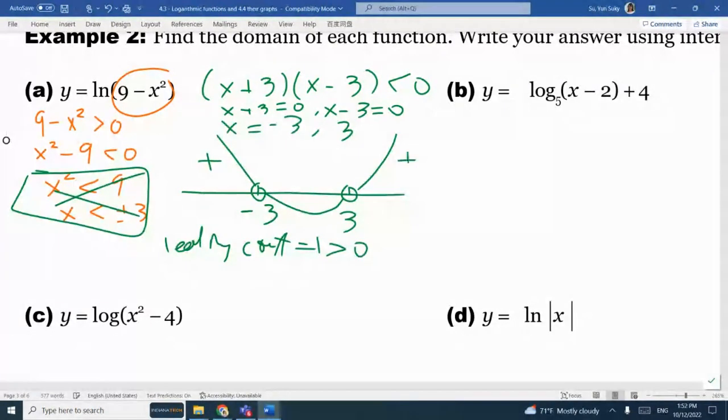So this is plus, this is plus, this is minus. And we are looking for positive or negative? Negative, right? Therefore, it's from -3 to 3, open. So that is the domain of part A. Questions?